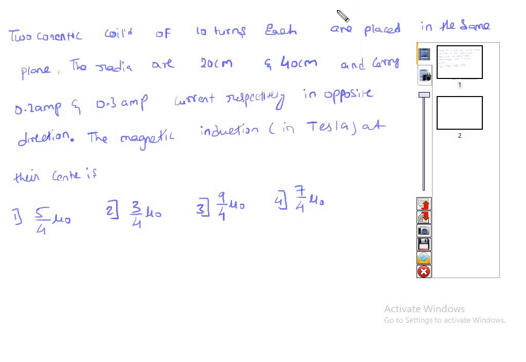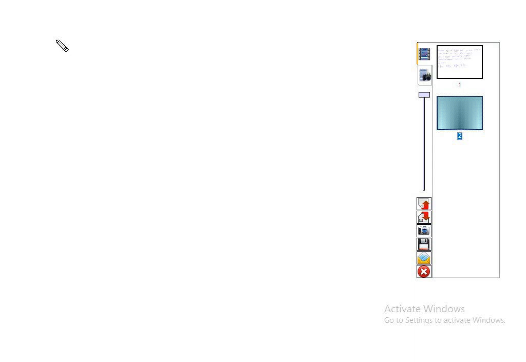So let's see the question. Two concentric coils 10 turns each are placed in the same plane. So up to now whatever we have discussed, everything is same, but radius are different and current passing through them is different, and they are having an opposite direction. So find the magnetic induction at the center. So basically the magnetic induction due to the circular coil will be B is equal to mu naught N I by 2R.